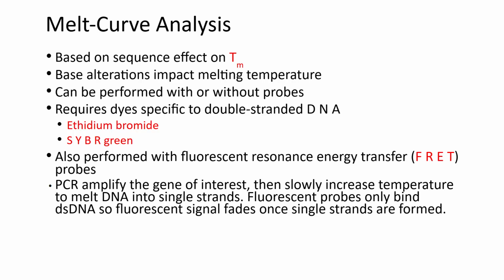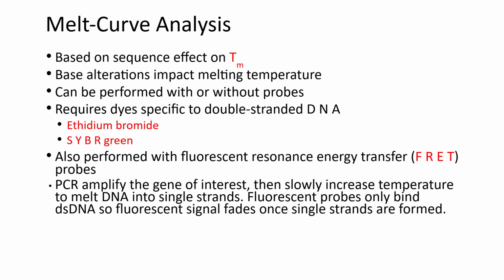Melt curve analysis is based on the sequence effect of Tm, or melting temperature. We talked briefly about melting temperature when we talked about PCR. Melting temperature is dependent on the concentration of G's and C's because we have two hydrogen bonds that hold together the bases A and T, those complementary bases, and then the bases C and G are held together by 3 bonds.